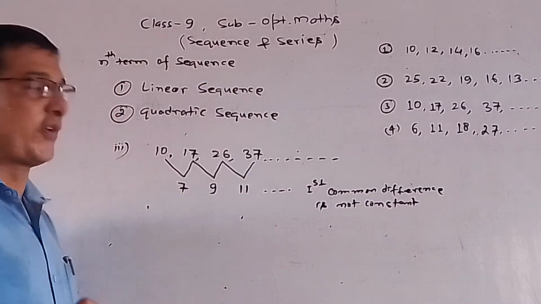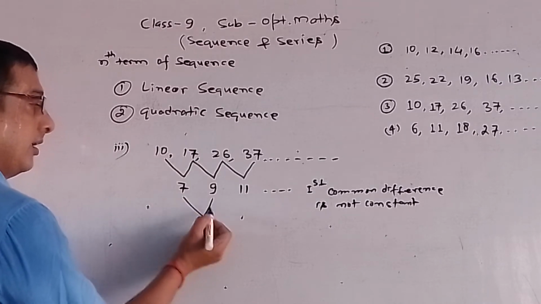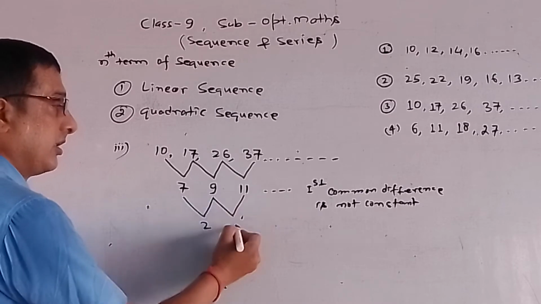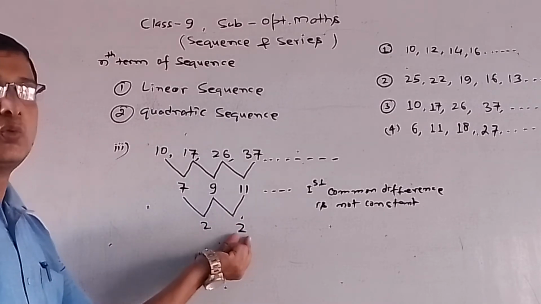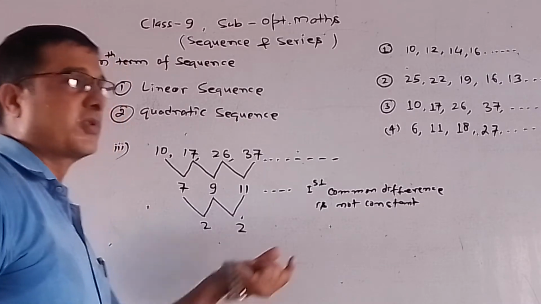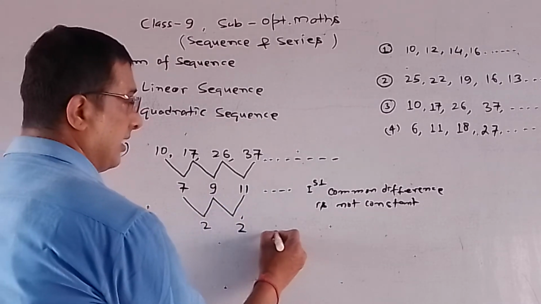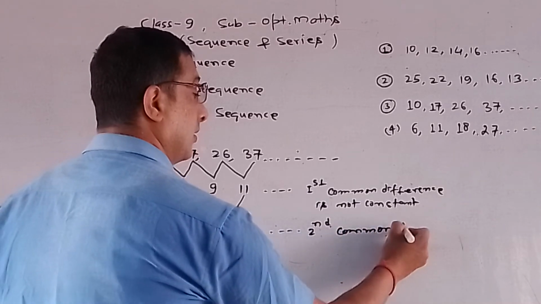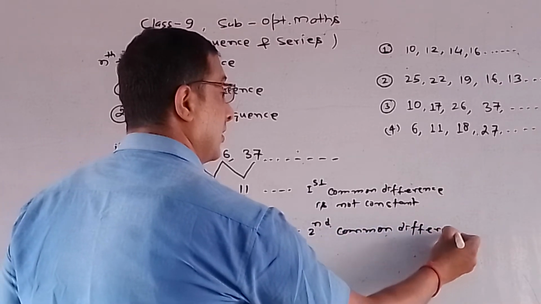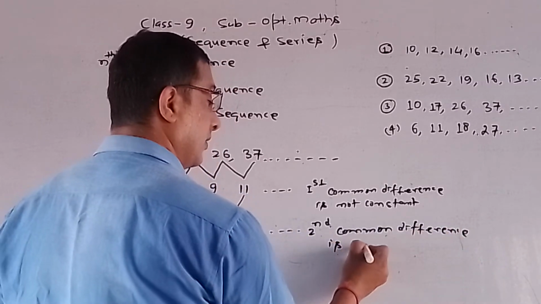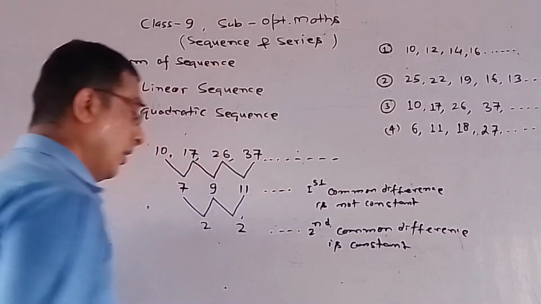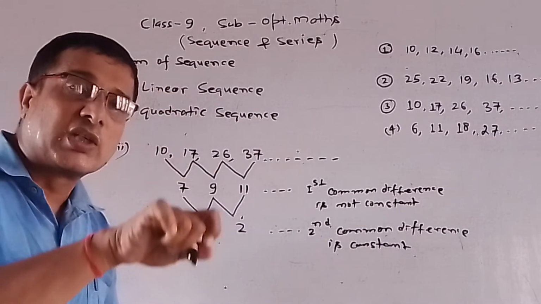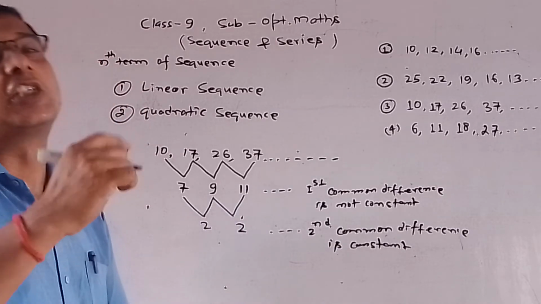Now try the second common difference. 9 minus 7 is 2. 11 minus 9 is 2. That is the same, 2 and 2 are constant. So the second common difference is constant. When the second common difference is constant, it is a second degree equation, a quadratic sequence.